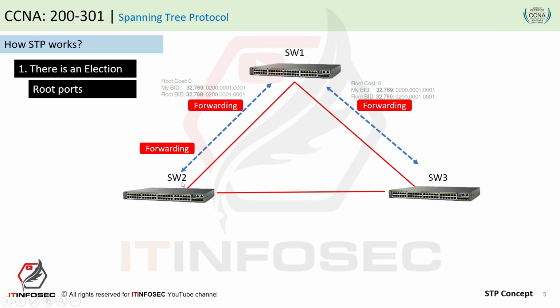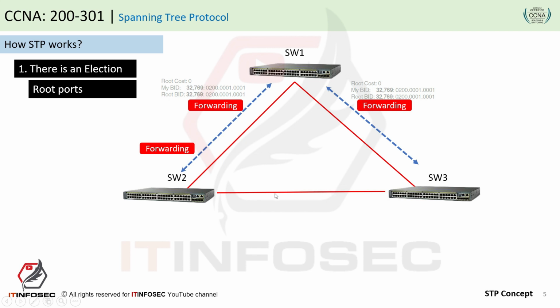For example, if this port's root cost is 19, then 19 plus 0 results in 19, and definitely it will be lower than this way.